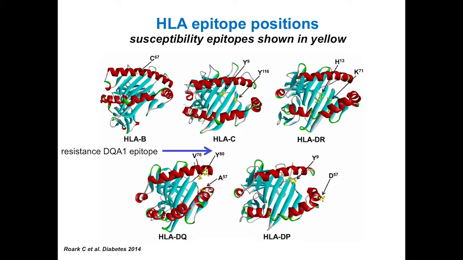Interestingly, the variants that confer resistance are located in the same places, just different amino acids. The blue line shows the resistance DQA1 epitope, which is the only resistance epitope different on this slide.